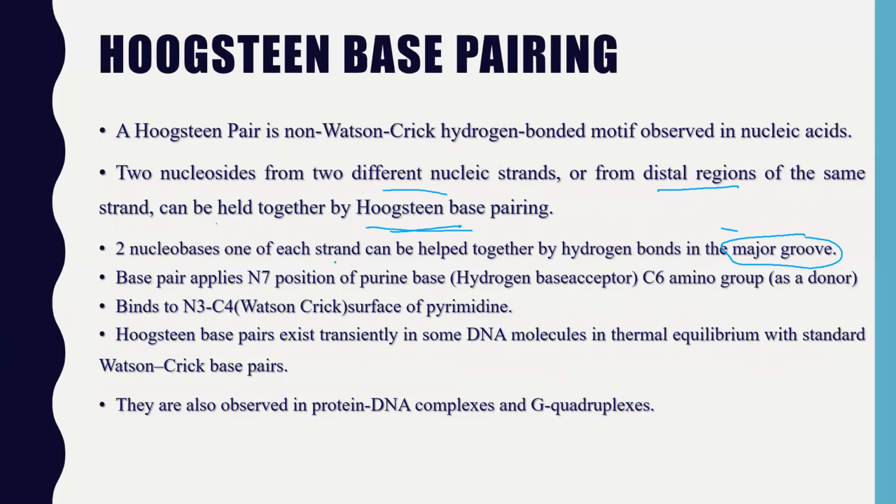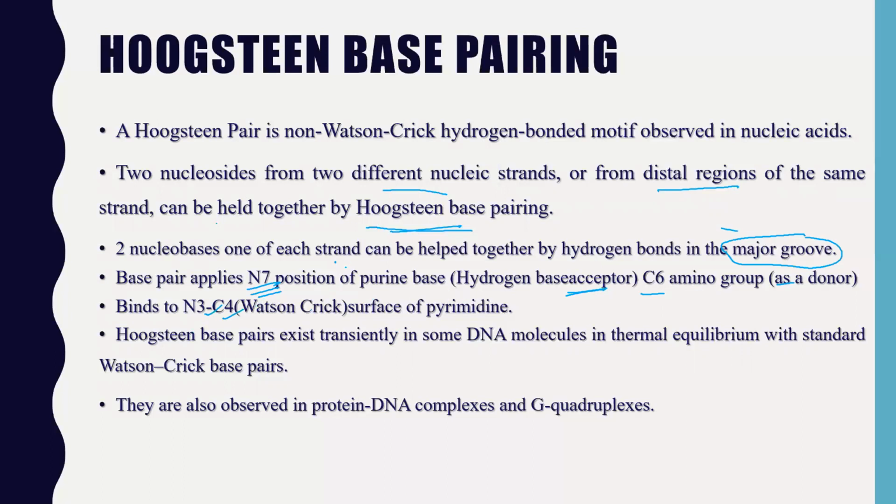Now, how does the base pair occur? The base pair employs the N7 position of the purine, which will be the hydrogen acceptor, and the C6 amino group as the donor, which will hydrogen bond with the N3 and C4 Watson-Crick surface of the pyrimidine.